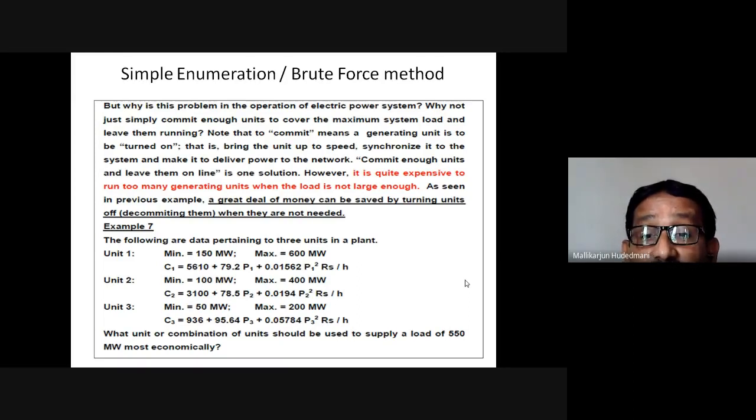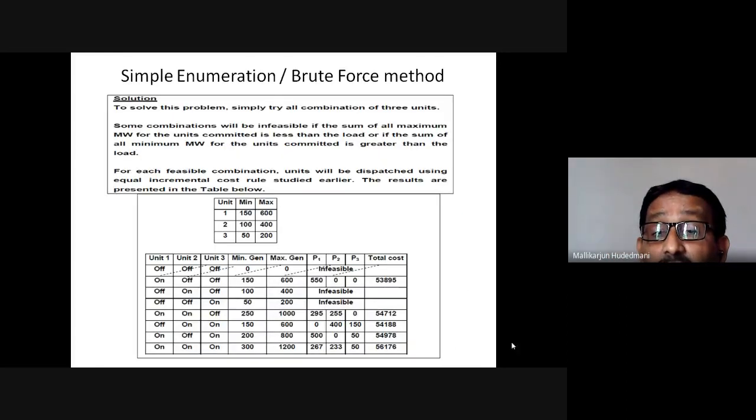I must be intelligent in understanding what value is C, what value is B, what value is A in a fuel cost function. This has to be known to us. Once I know these things and lambda, I can calculate the contribution of each P1, P2, P3, then compute and place here. This is the placement.